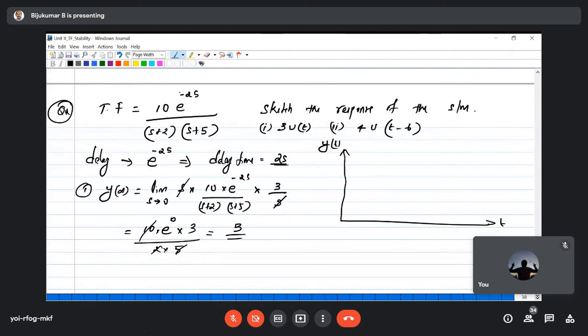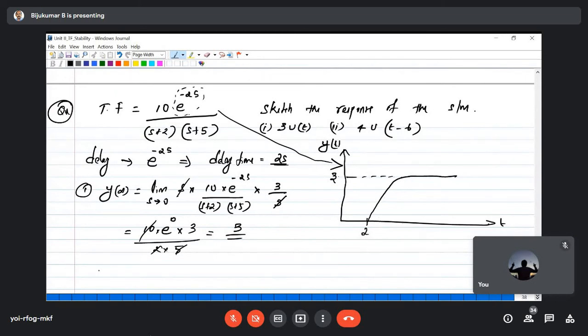So what is the impact of this delay function in the output response? Since a delay function is there, it will not start at 0. That is the condition. So it will start at that delay time. What is the delay time of the function? It is 2 seconds. So it will start from 2 and finally it will settle with a steady state value. Clear?